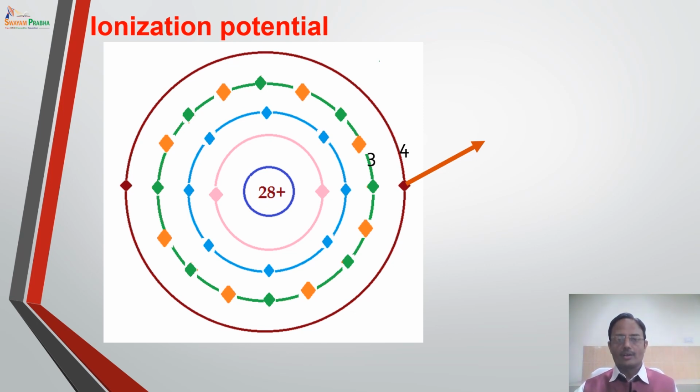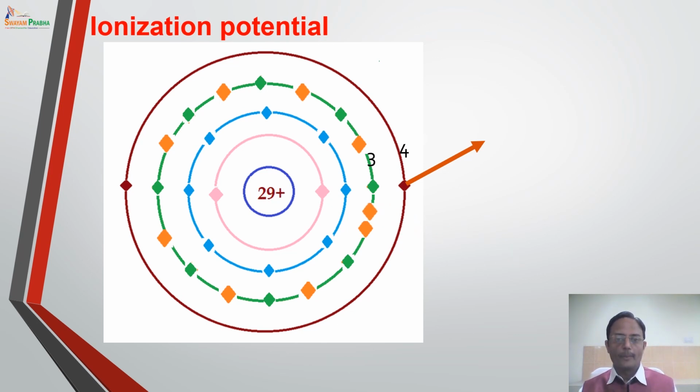And since they are compensated, the ionization potential remains almost constant from scandium to chromium and slightly increases from chromium to copper.